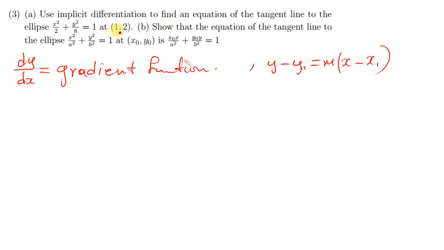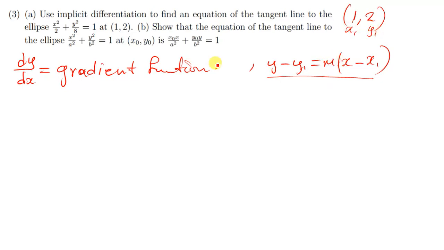So given one point, which is (1, 2) in this case, and also the gradient, we can find the equation of any line. If you have been given the gradient and at least one point, it's very easy for you to find the equation of the line. So this is the equation we're going to use to find the tangent line. Then from these coordinates, that's where we're going to get our x1 and y1.